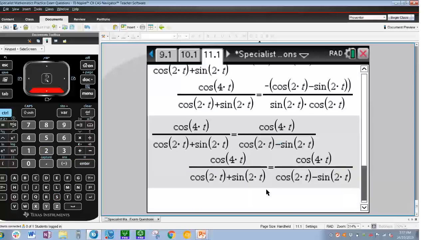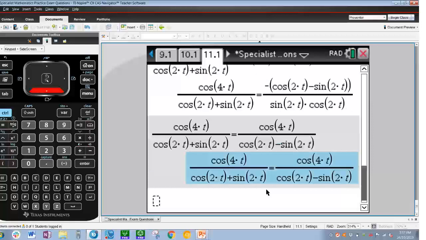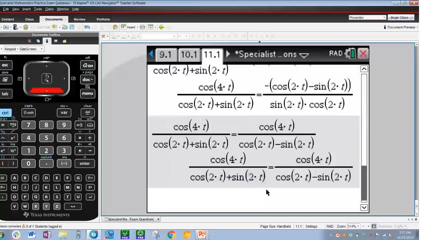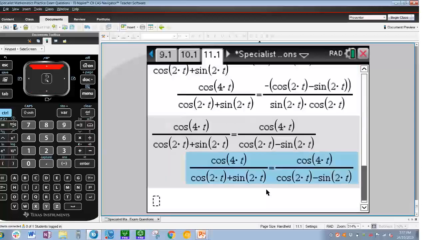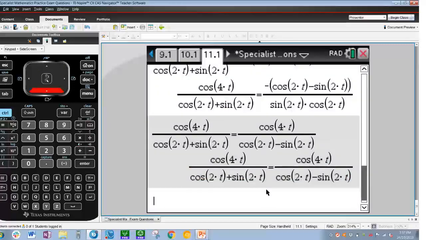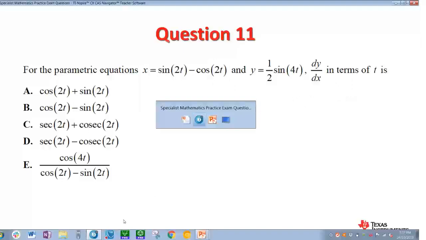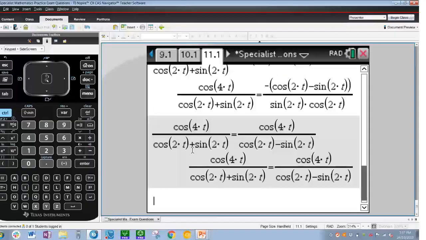Now, looks like with this particular question, something has not really worked out with the options there. I'll just quickly double check. Half of sine 4t over sine of 2t minus cos of 2t. Okay, so I believe there might be a little typo with option E. I believe with option E, the denominator was meant to be a plus over there, given the answer that the calculator gave us, cos 2t plus sine of 2t.